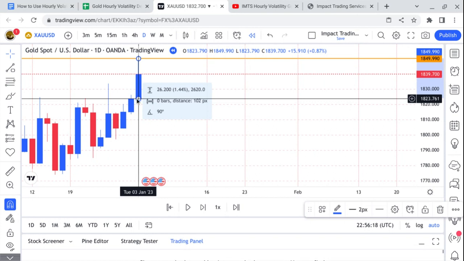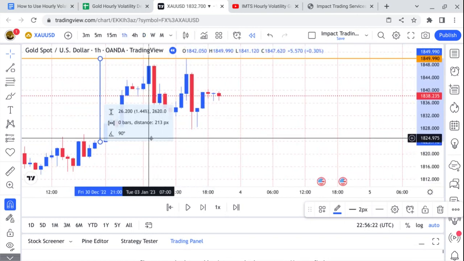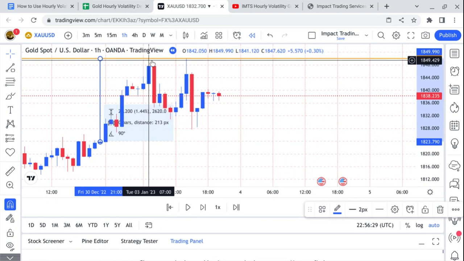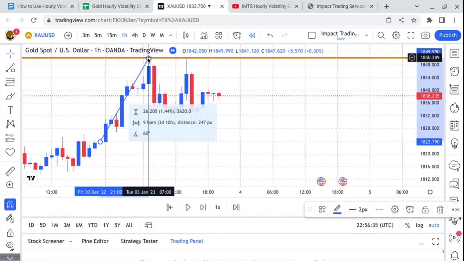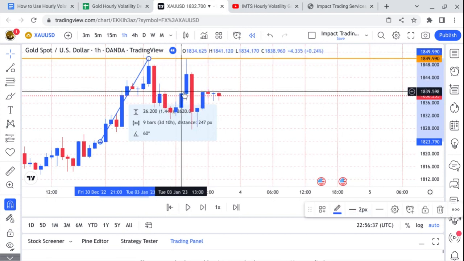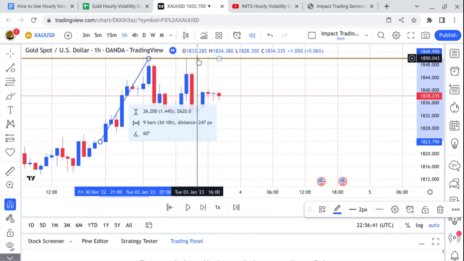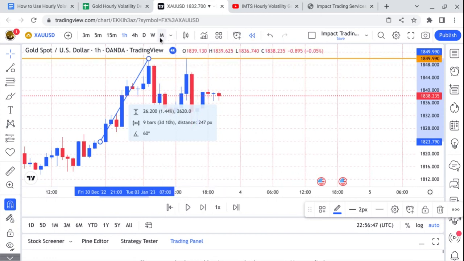We just measured 2,600 from the beginning of the 700 hour, which is the beginning of the London session. So the day has already pushed up 2,600. During the start of the New York session, we already have a daily top, and the day has already moved 2,600.